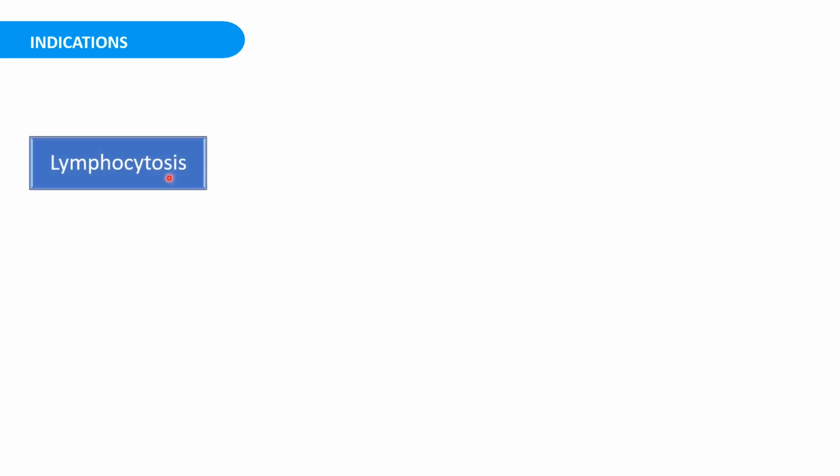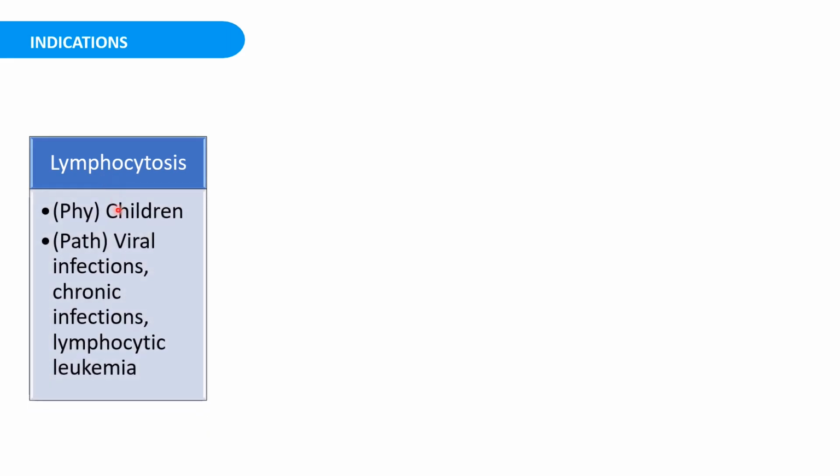Another condition is lymphocytosis. The term cytosis is used when there is an increase in count. When the percentage of lymphocytes is increased, it is known as lymphocytosis. Physiologically it is found in children, but the most important is pathological. In viral infections, lymphocytosis is present.